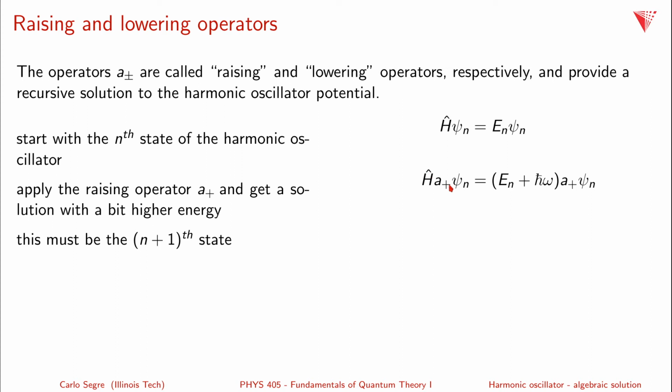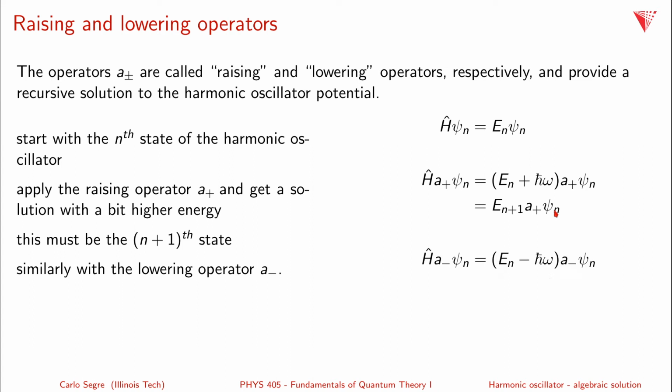So we are raising the state by 1, going from the nth state to the n plus 1th state. So if we call that the n plus 1th state, then this is the energy of the n plus 1th state times a plus psi n, which must be psi sub n plus 1.